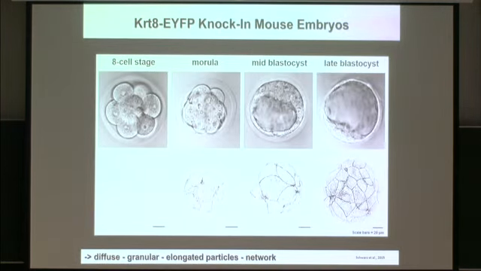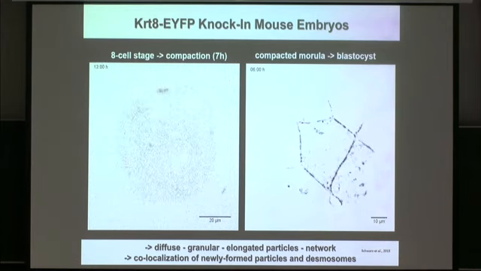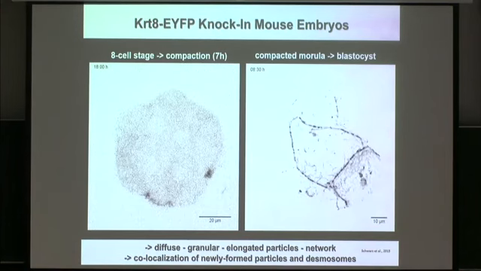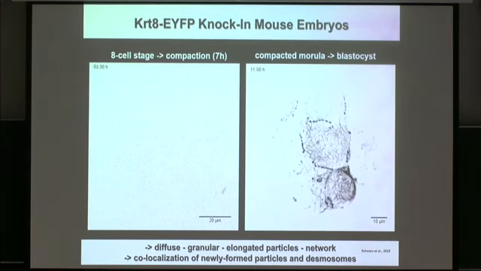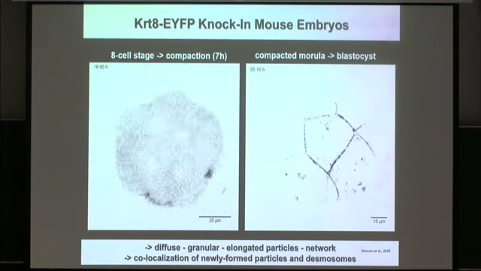And just let me jump to this image here, because we are quite excited about this. Nobody knows where and how intermediate filaments are formed, and what drives the formation of intermediate filaments. And this keratin is actually one of the first ones, if not the first one, keratin polypeptide that's made during embryogenesis.